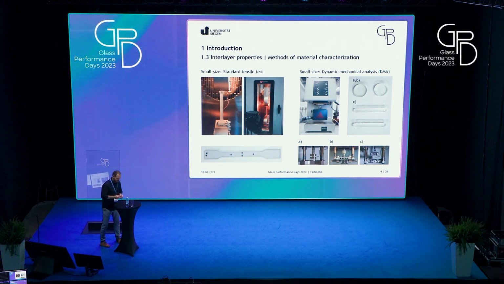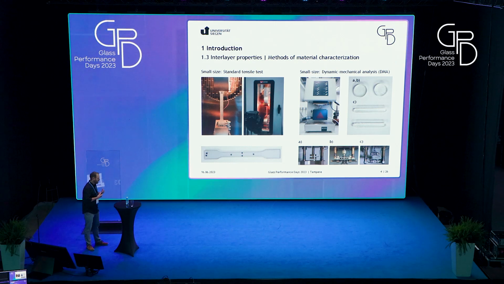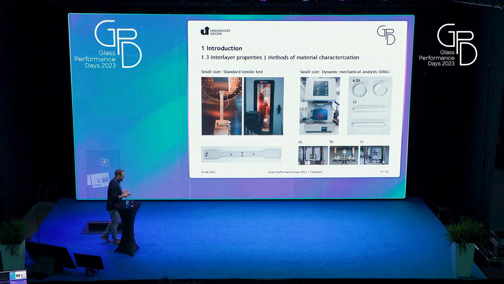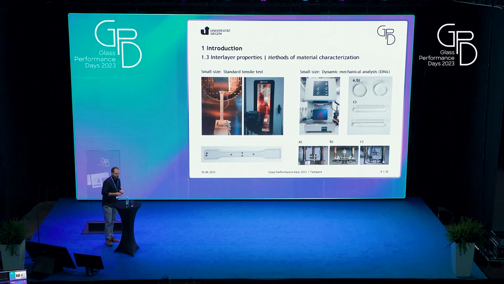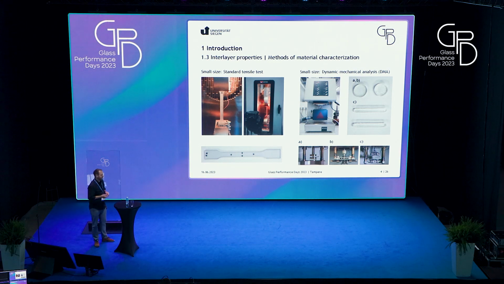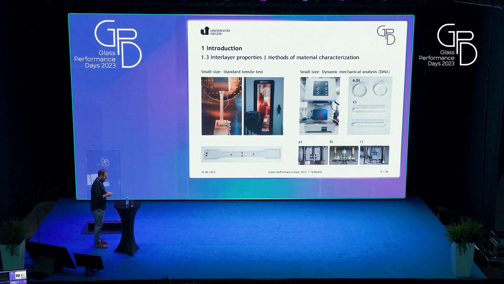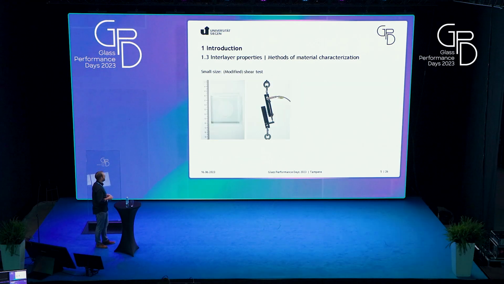The tensile test is more to determine the elasticity, the Young's modulus and the Poisson's ratio, and with them you can calculate the shear modulus. The dynamic mechanical analysis is more for the rheological behavior, such as the temperature and time dependence. Glass transition point is one of the expressions you all well know.